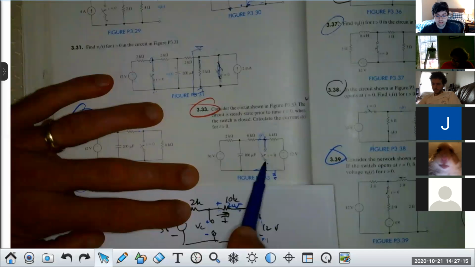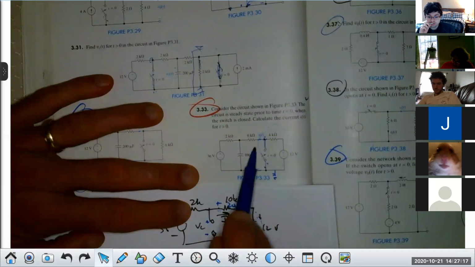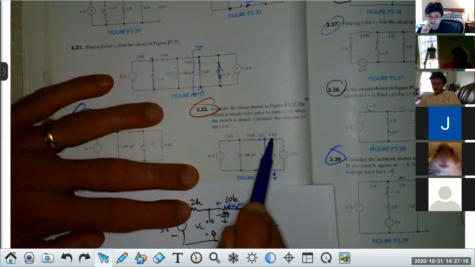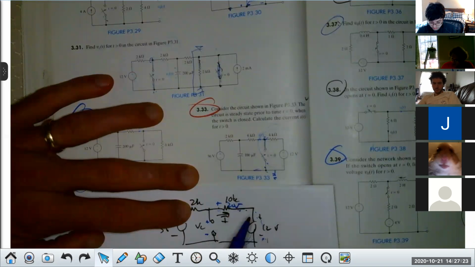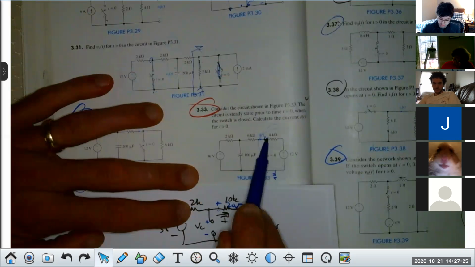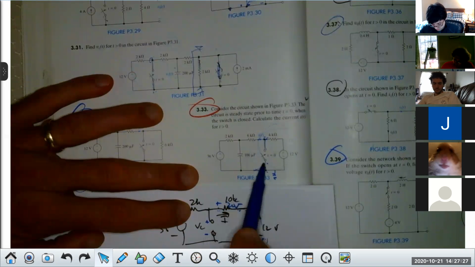Doesn't this part of the circuit get taken out? That's a short from here to here, because that goes from here to here is a short. So I have 6K directly across that capacitor and 2K in series with it, right?